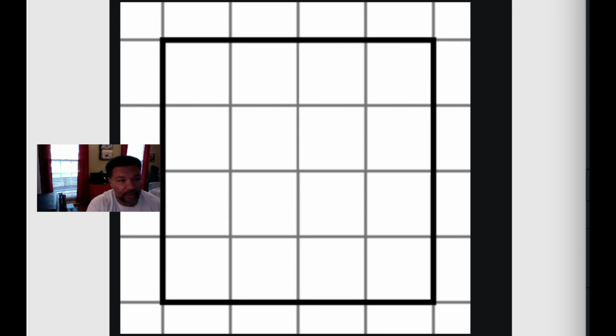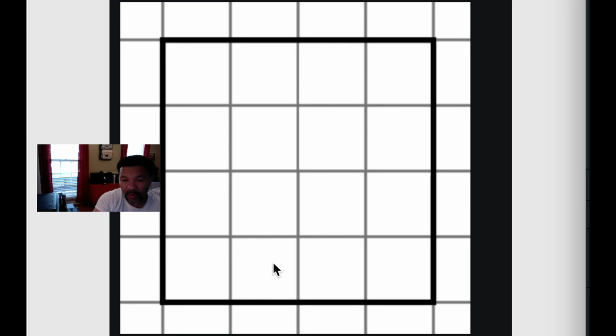Let's try another one. Take a look at this one. Now, if you notice, this looks like we have equal parts. If I look at all of the squares inside of this, each one of these is cut into what we call unit squares.